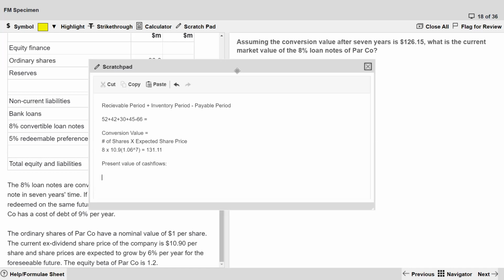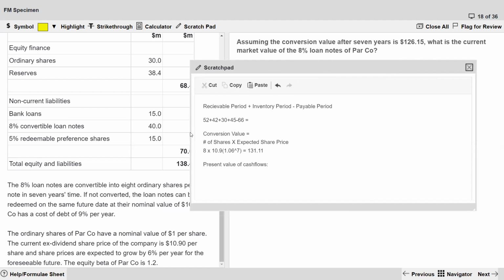Now what actually happens is that from year 1 till year 7, interest is there, and that interest is 8% multiplied by 100, which gives you 8. You multiply this with the 7-year annuity factor at the rate of 9%.